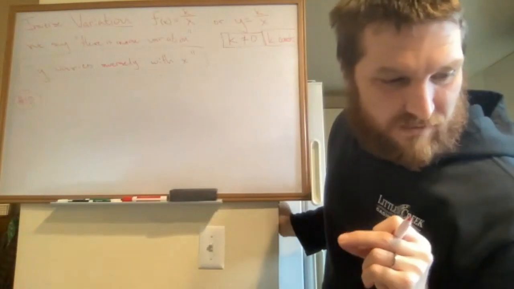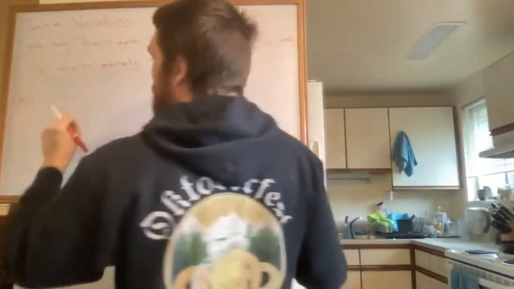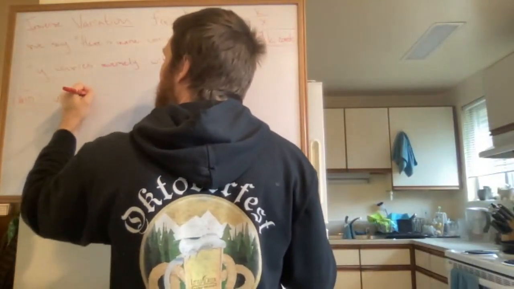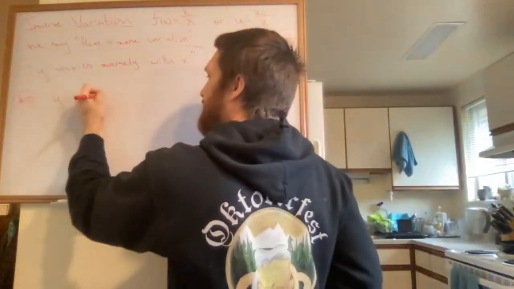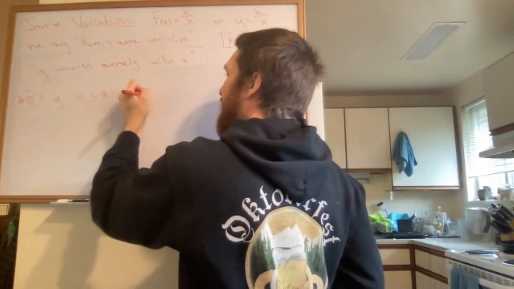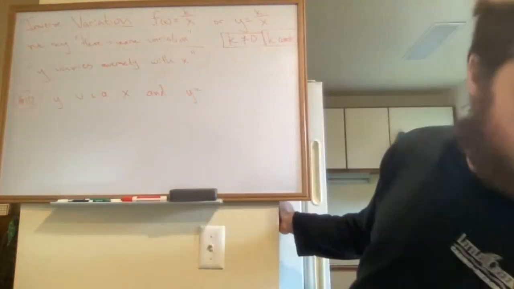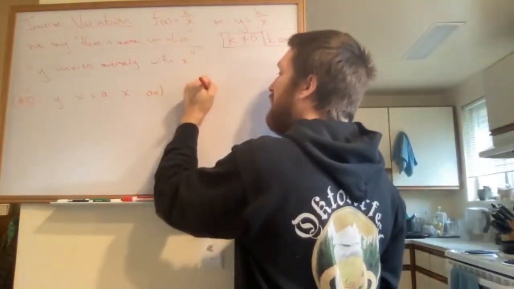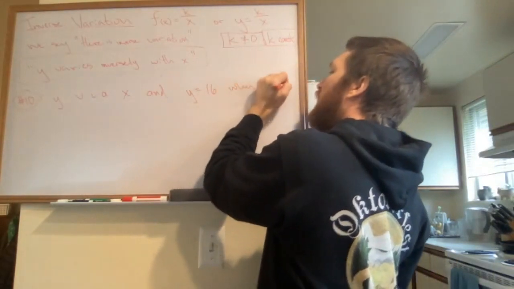Like I said before, for each one of these, it says, find the constant of variation and the equation of variation, given that Y varies inversely as X, and Y equals 16 when X equals 4.